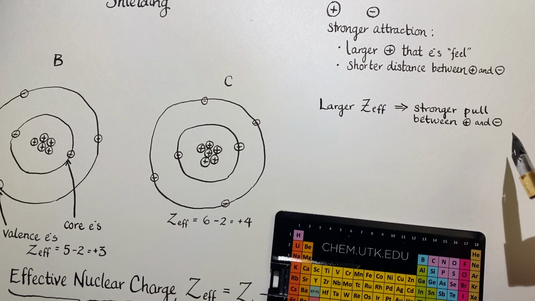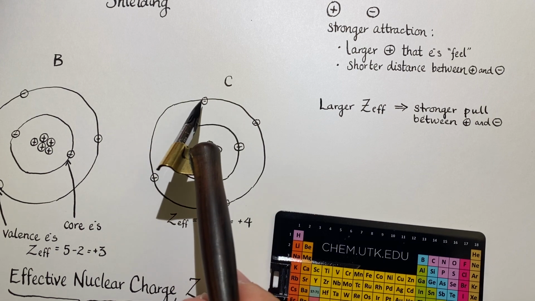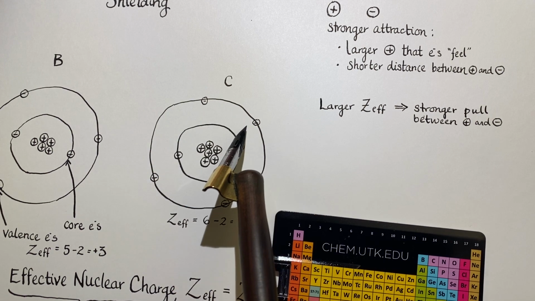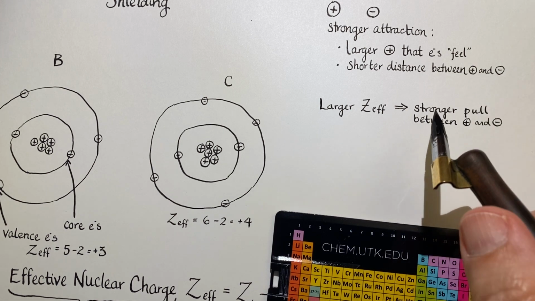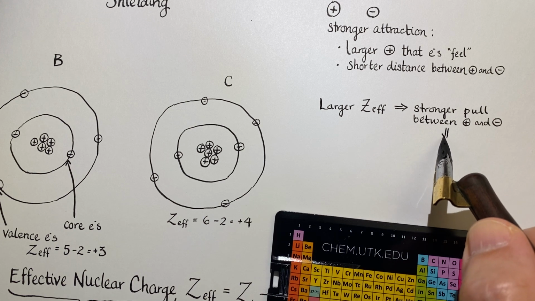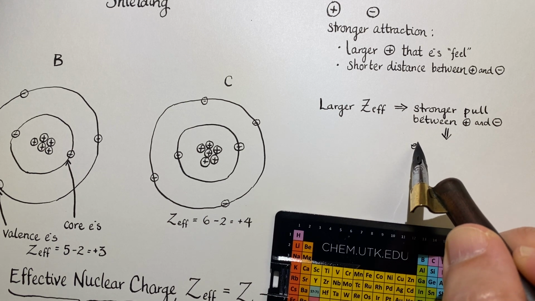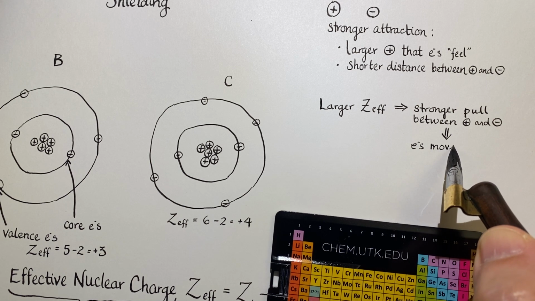And the electrons can actually be pulled in and get closer. So the electrons then move closer to the nucleus.